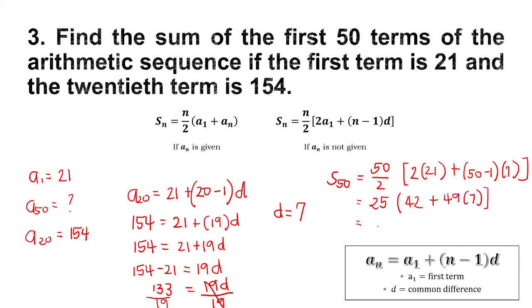And if you use a calculator for all of that, the answer is 9,625. So the sum of the first 50 terms of the given sequence is 9,625. Actually, after getting the common difference, you can also solve for a sub 50 by substituting the common difference. After solving for a sub 50, you can use the first formula. Whichever you use, the answer will be the same.